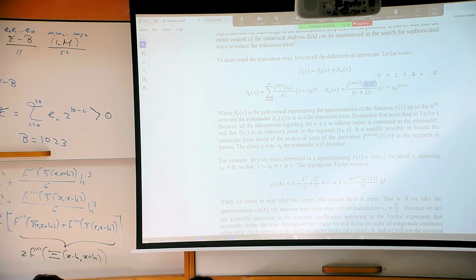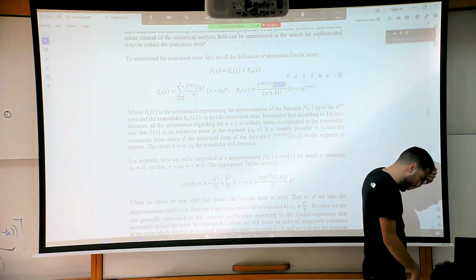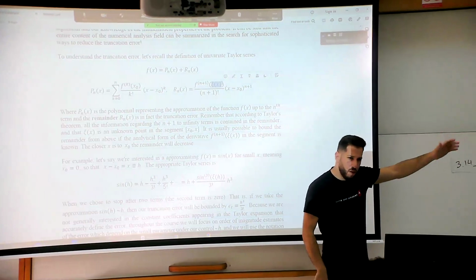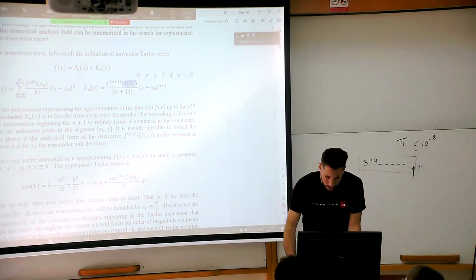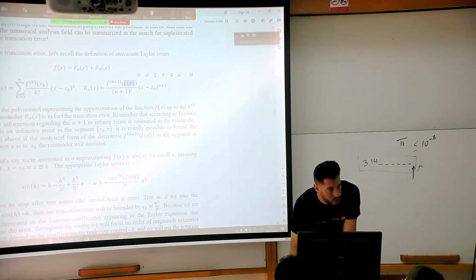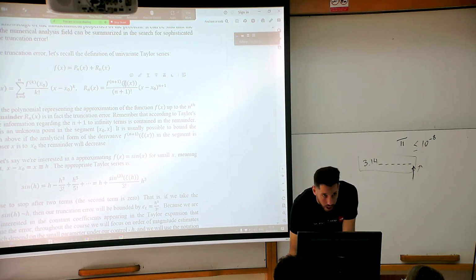In a simple way, you prove Rolle's theorem, and then you get to Lagrange, and the Lagrange theorem says there is some point that satisfies this equation, and this psi is between x0 and x.